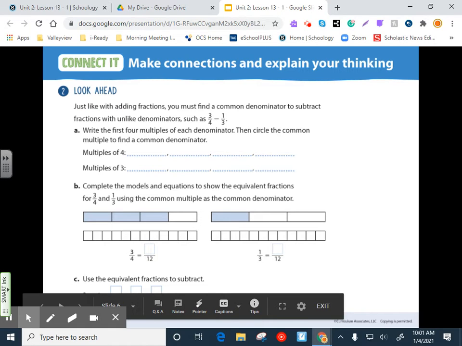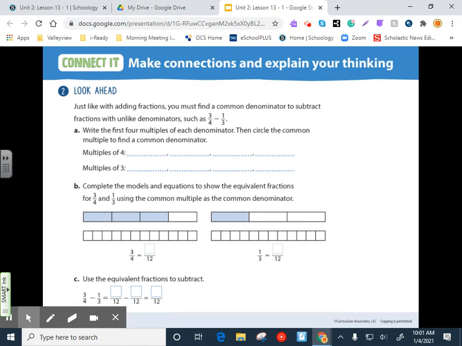Question 2, just like with adding fractions, you must find a common denominator to subtract fractions with unlike denominators, like 3/4 and 1/3, for example. An easy way to do that, again, is take your bottom numbers, the denominators, and multiply them together. That'll always give you at least one of the common denominators you can make for those fractions. But down here, we do multiples.